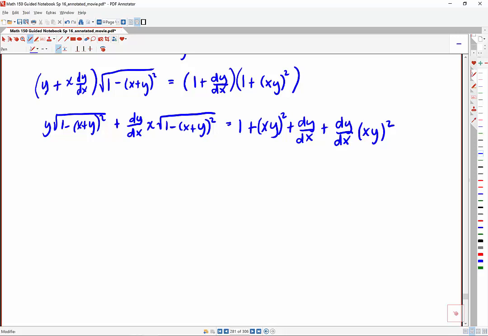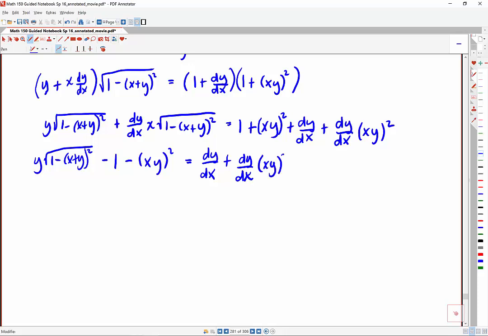So this will give us y times the square root of 1 minus quantity x plus y squared, and then I'll be subtracting a 1 and subtracting quantity xy squared, and that's going to be equal to dy/dx plus dy/dx times quantity xy squared, and then minus dy/dx times x times the square root of 1 minus x plus y, the quantity squared.